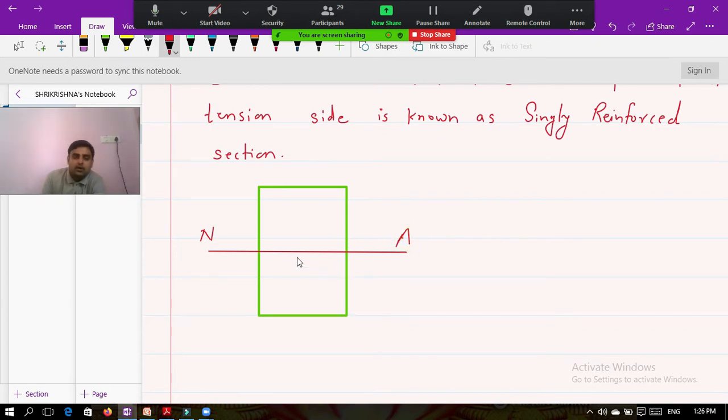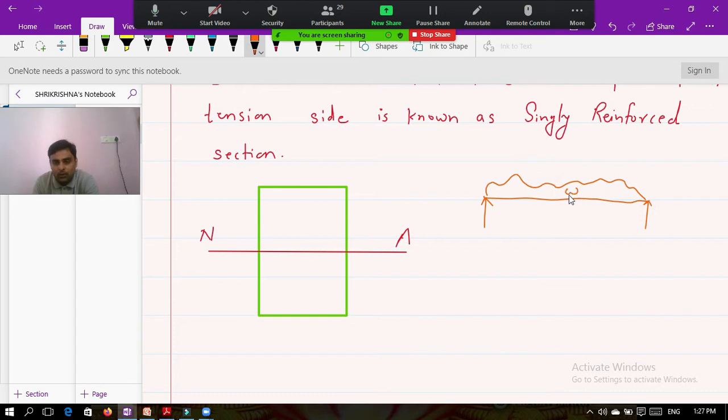Normally, if you see any beam, now if I draw the beam over here, the beam is supported in this way, suppose the supports are provided at the ends, and any arbitrary loading W is acting on the beam.